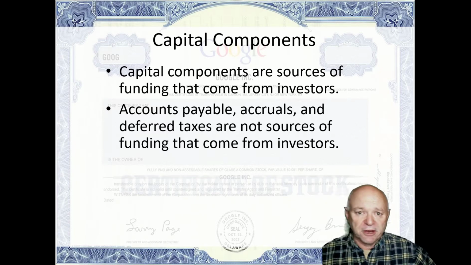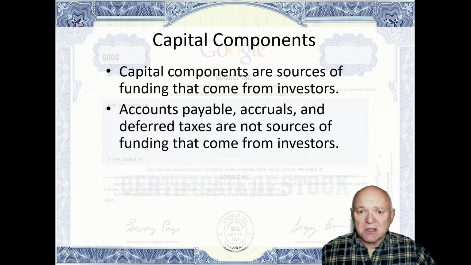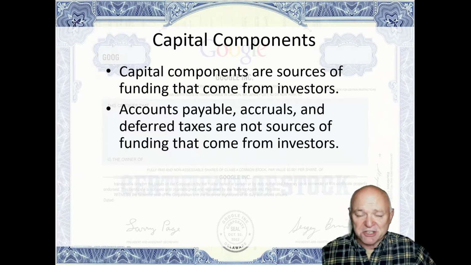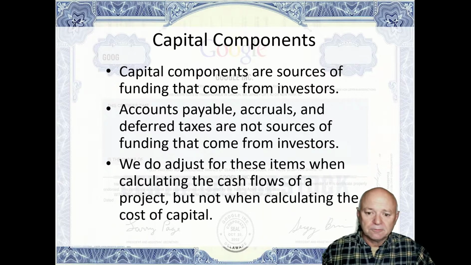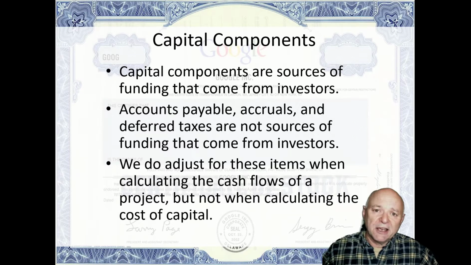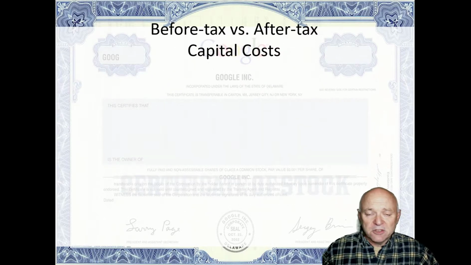It's true that our suppliers have a stake in the business, but they don't have an ownership stake the same way that is inferred by debt in the worst case scenario, and is definitely true in the case of common shares. So we do adjust for these things when we're calculating the cash flows of the project, but not when calculating the cost of capital.